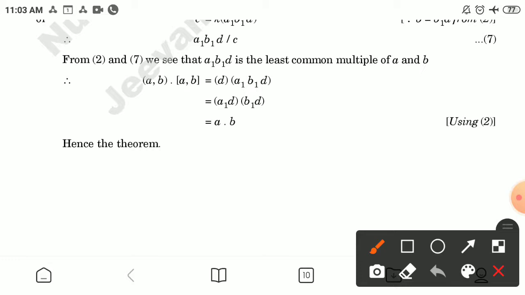From second and seventh, we see that A1B1D is the least common multiple of A and B. Therefore, greatest common divisor of A and B into least common multiple of A and B is equal to D into A1B1D, or we can write A1D·B1D, and this is A into B, hence the theorem.